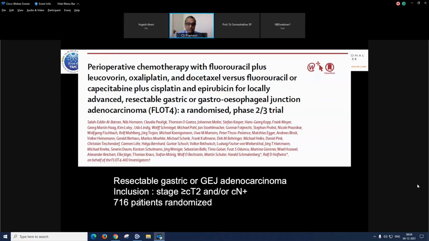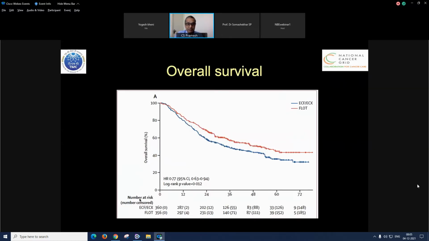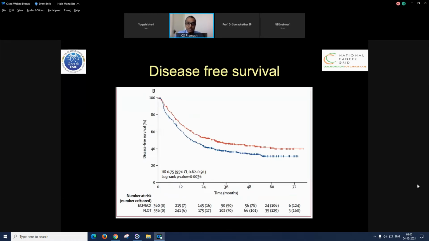And what they did was randomize 700 odd patients to either the existing standard of care, the ECF or the ECX, which was the MAGIC protocol, or the FLOT protocol, which was a slightly more intensive chemotherapy. And what you saw was a clearly superior survival with FLOT as compared to the MAGIC protocol, both with disease-free as well as overall survival.